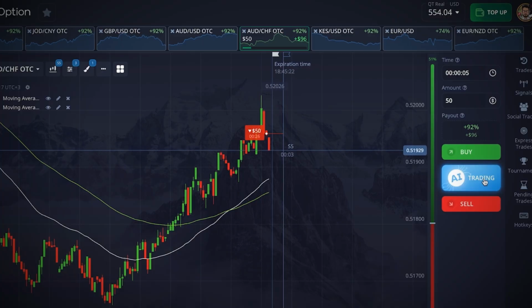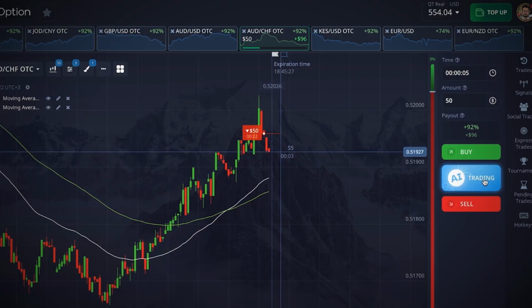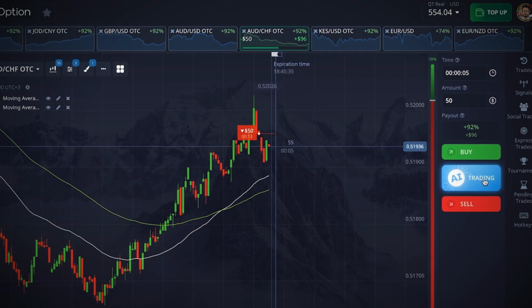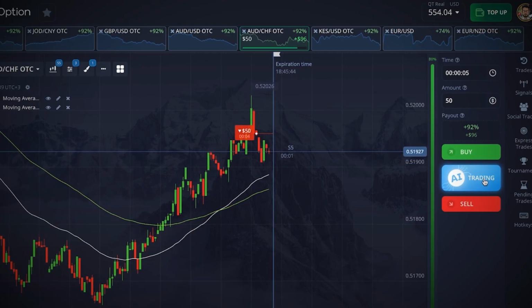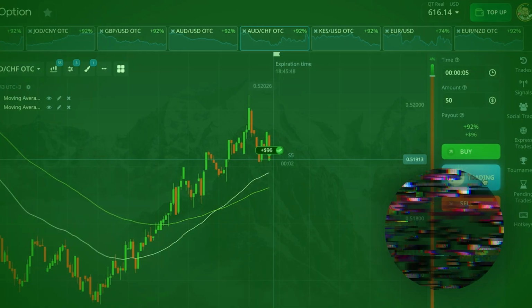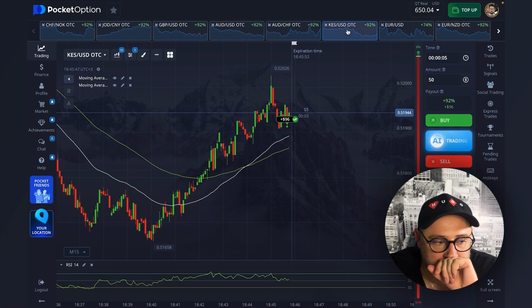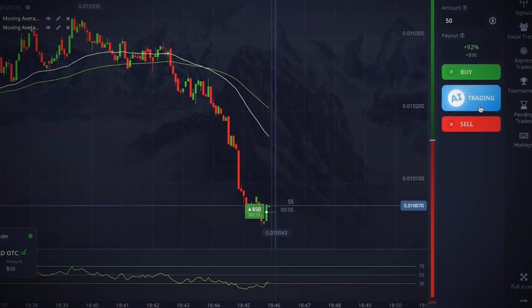The price bounced back at the last moment. Okay, even in human trading it also happens. Let's calm down. I'll go in for a buy here, not sell. Maybe I saw an overbought level or something. Interesting. Wow, interesting. At the last moment, let's press the button again. AI trading.